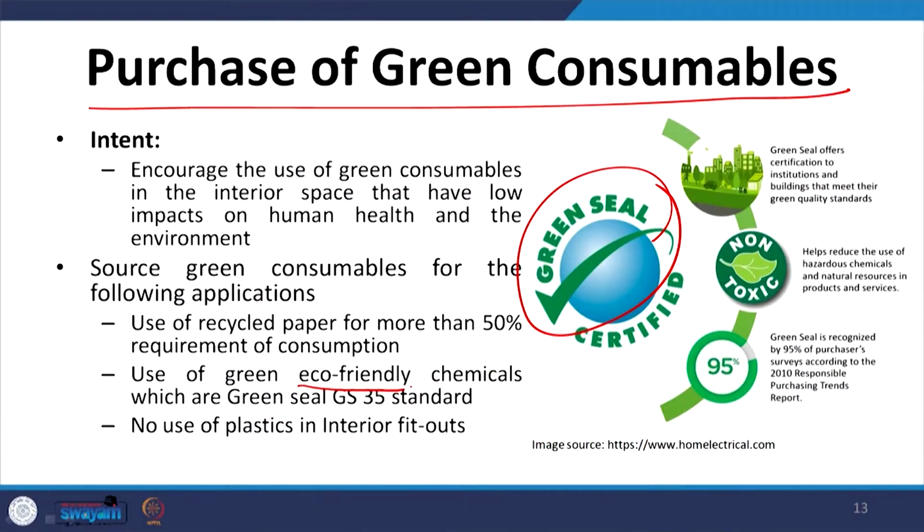Unfortunately, as of now, we do not have in India any such certification which certifies green consumables, but we have to make an informed choice. We still have a lot of organic products available for day-to-day cleaning in the building interiors. So, we have to select these eco-friendly products which are free from toxic chemicals and do not release any fumes. So, we will close this particular lecture here.